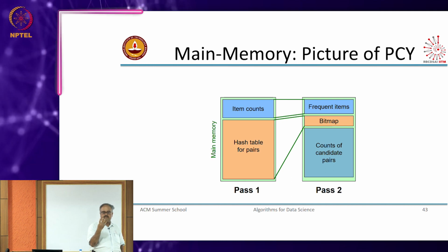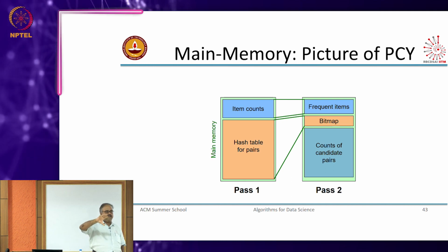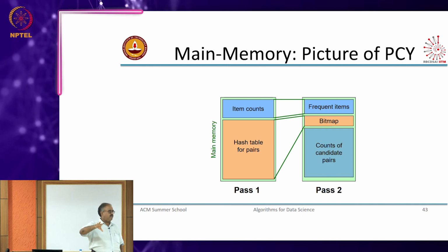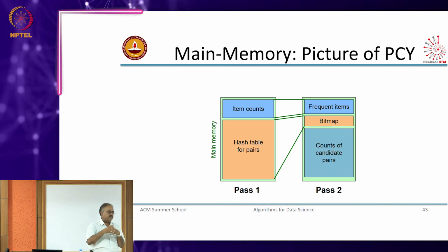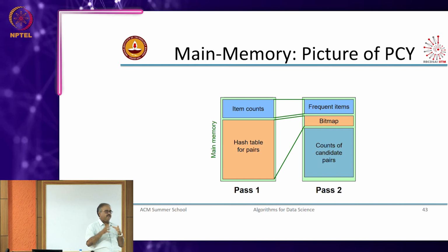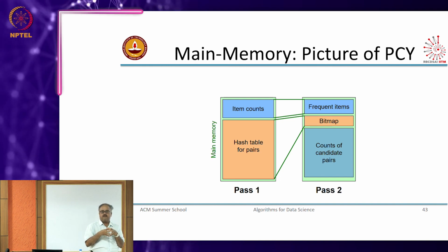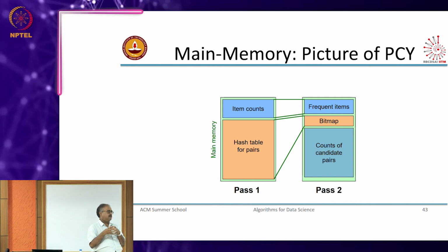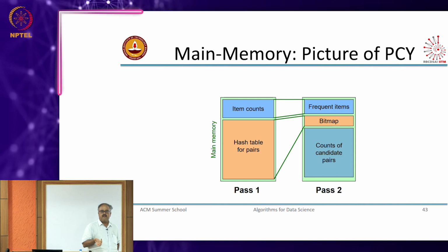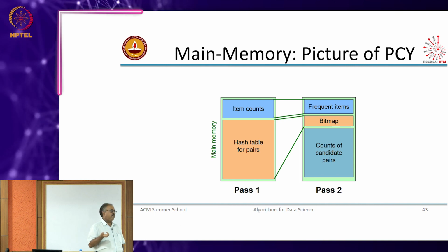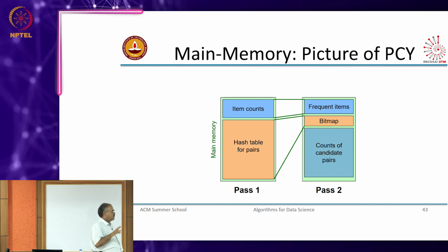That means that for every bucket you are going to need 4 bytes. So that kind of limits the number of buckets that you can have in memory, right. Therefore if the number of buckets becomes smaller, then there is more chance of collisions happening, right. And if you have more collisions happening, what is the problem? You have more chance that buckets will become frequent even without a truly frequent pair mapping to that bucket. So that is a problem, right.